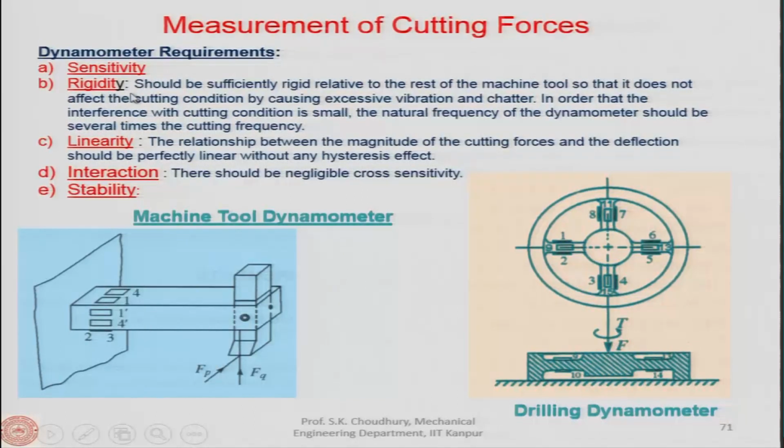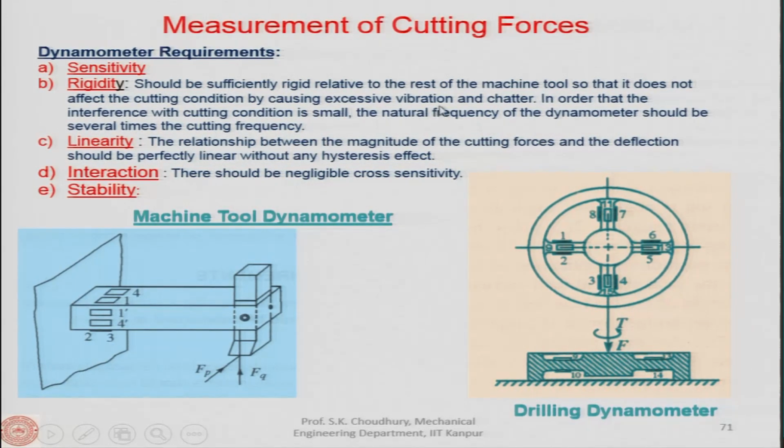Therefore, on the table on which the workpiece is mounted, the dynamometer is fixed, and then on top of the dynamometer the workpiece will be fixed, so that the forces applied to the workpiece can be transmitted to the dynamometer, and the dynamometer could sense the forces.